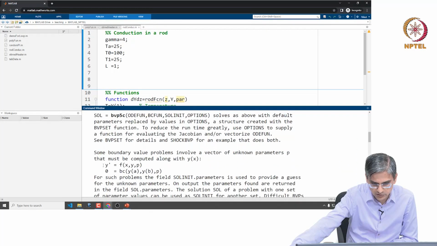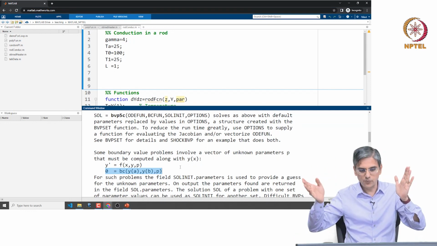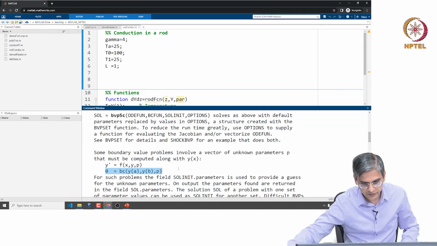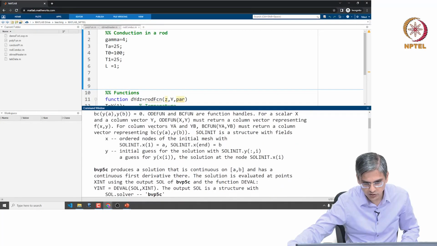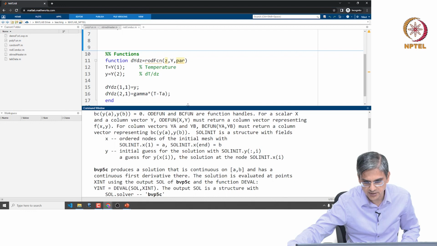We have dY by dz equal to f of x comma y comma param, and 0 equal to the boundary conditions at point A and point B. So we need a boundary condition function also. Let's write this out.